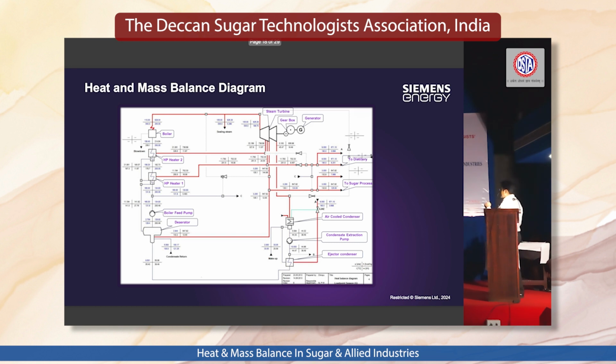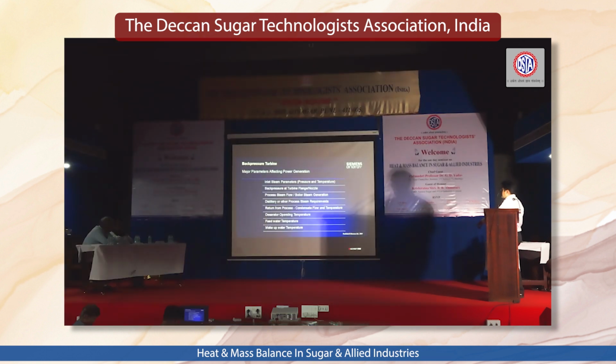There is an air cooled condenser, a condensate extraction pump, and an ejector condenser, the steam jet ejector which maintains the vacuum inside the condenser, and we also utilize that heat in the ejector condenser. There is a deaerator in the cycle for removal of air. Then there is the boiler feed pump, and there are HP heaters if there are any.